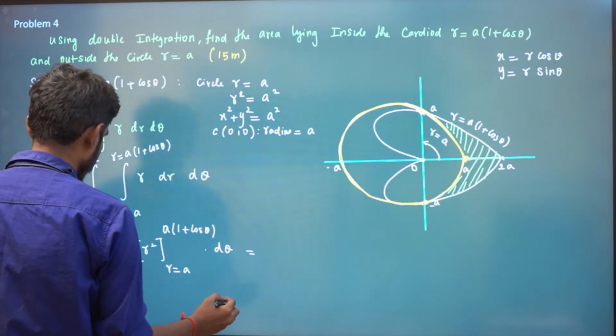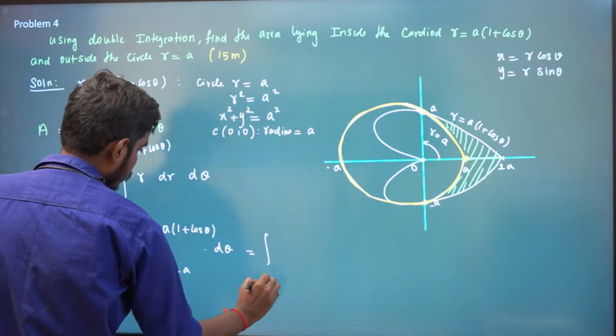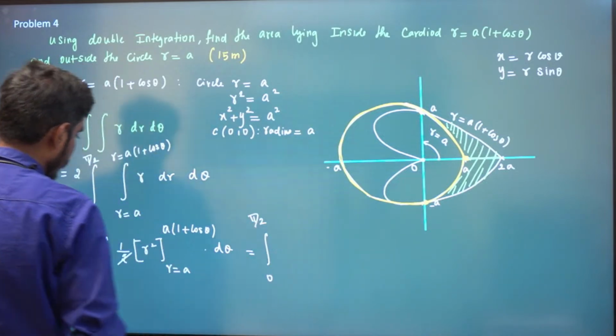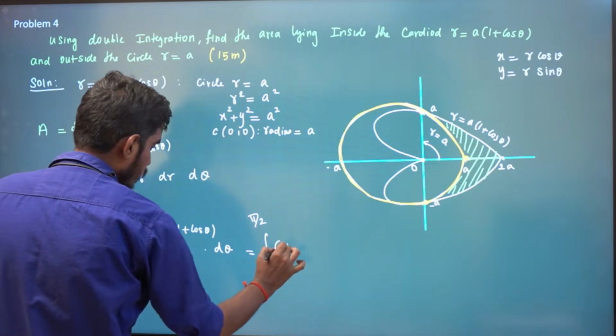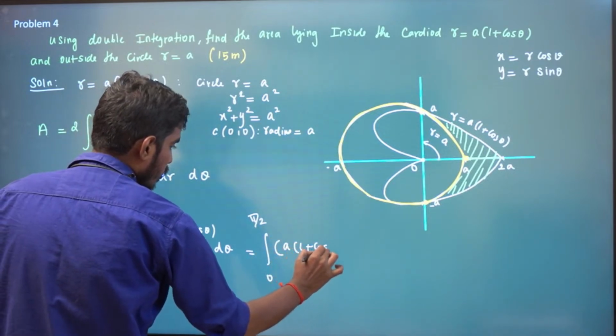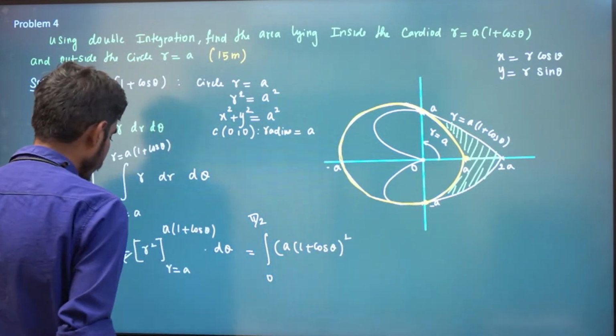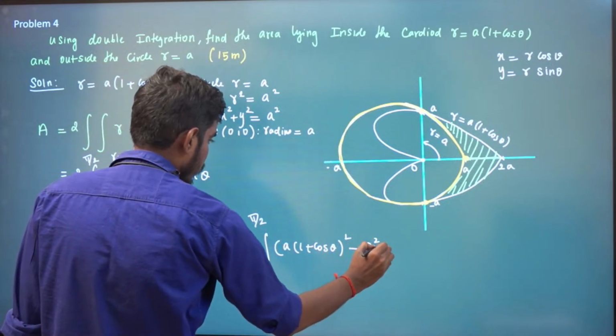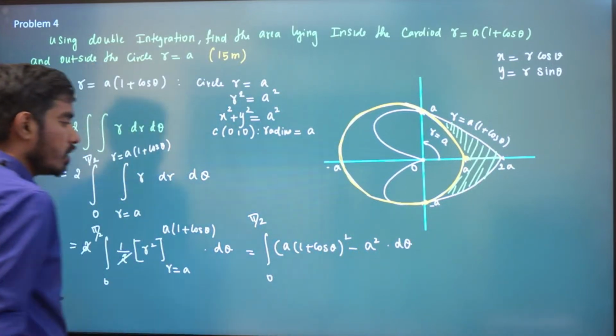So this will be the integration from 0 to pi by 2 of a into (1 plus cos theta) whole square minus a square, d theta, right?